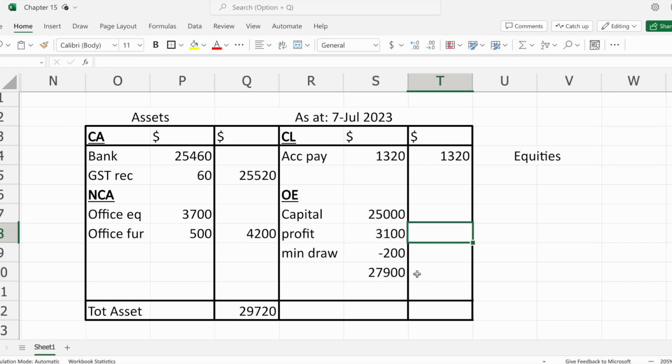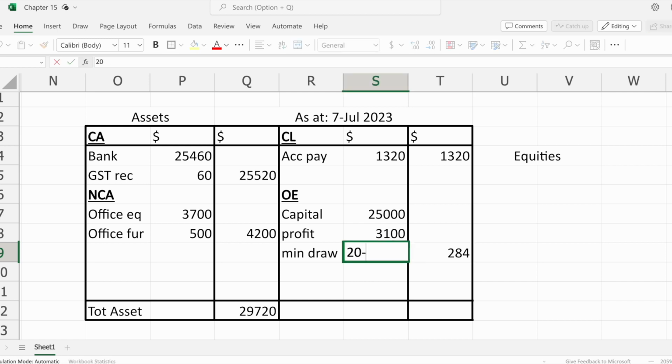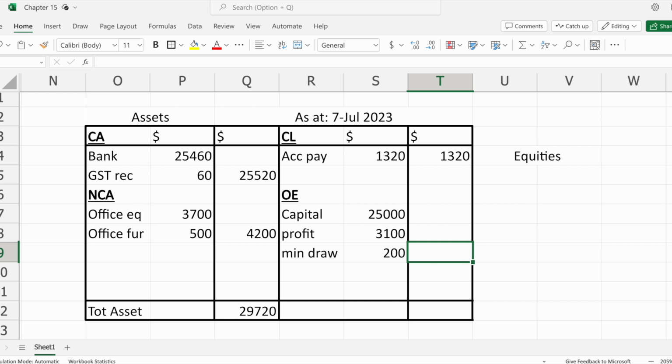Yep. So we have to have 284. So remember, drawings in this case is a negative because you have the drawing, so it's 28,400 in total.